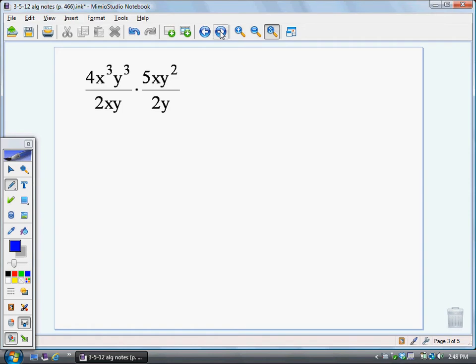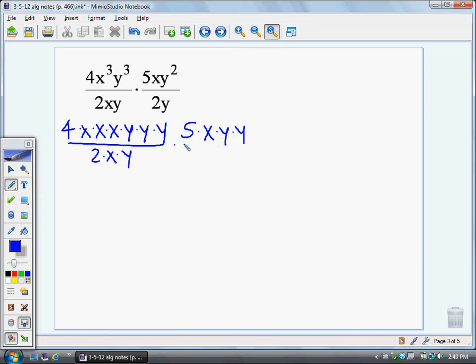Okay, on this next one, you can do a similar thing. I'll do it 2 different ways. One way where you would have 4 and then simplify, and so expand everything out and then take out your 1's.